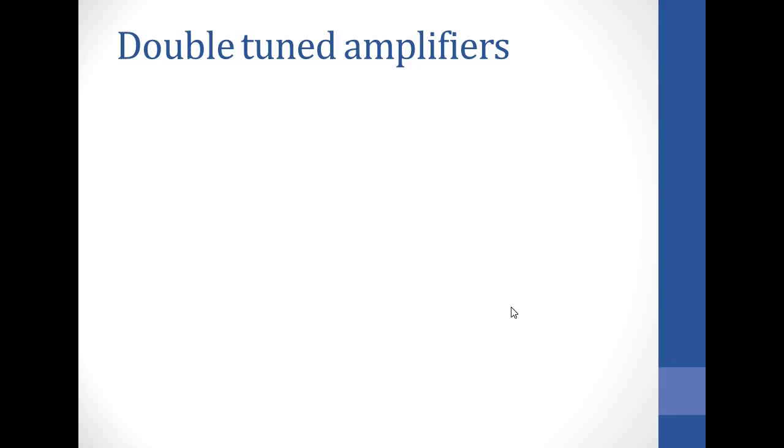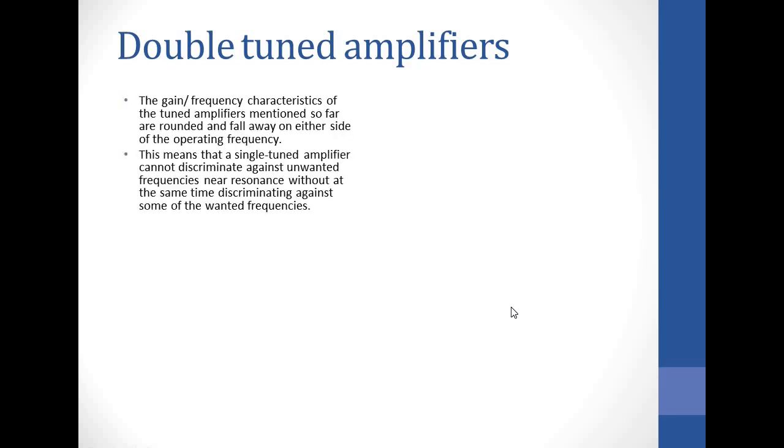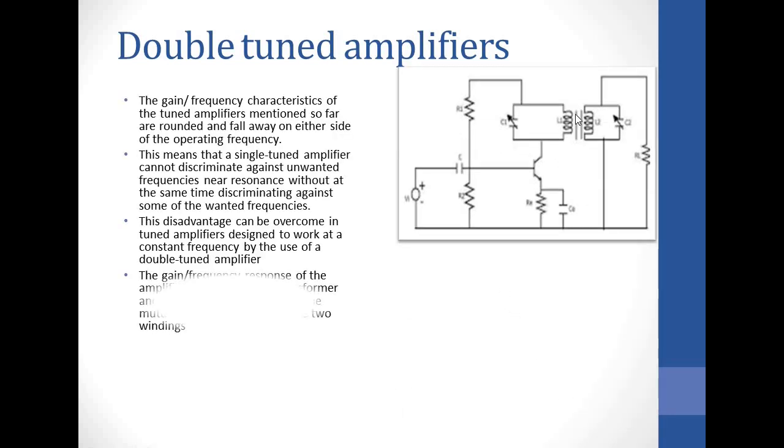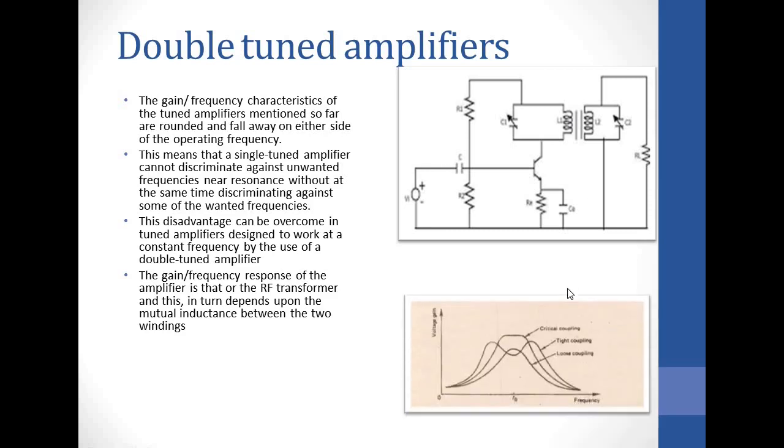So how it is done is that the spacing between L1 and L2, this is a transformer, determines whether it is loosely coupled, tightly coupled, or critically coupled. If it is loosely coupled, there is not much difference to a single tuned tank.